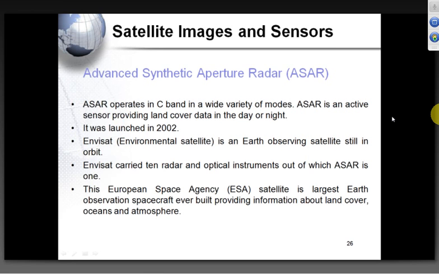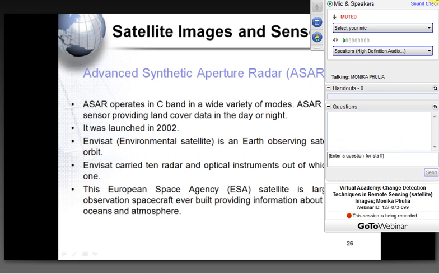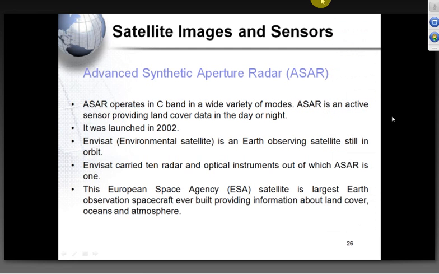Then comes ASAR, Advanced Synthetic Aperture Radar. It was launched in 2002. It is an active sensor providing land cover data in the day or night. Means it is independent of the weather conditions and it is working day and night.